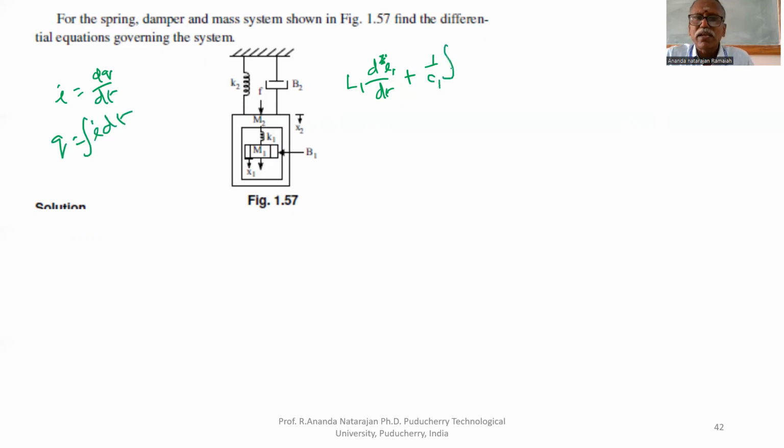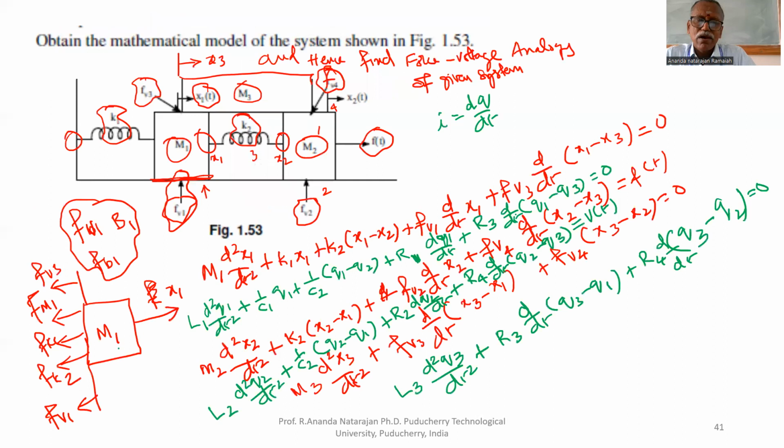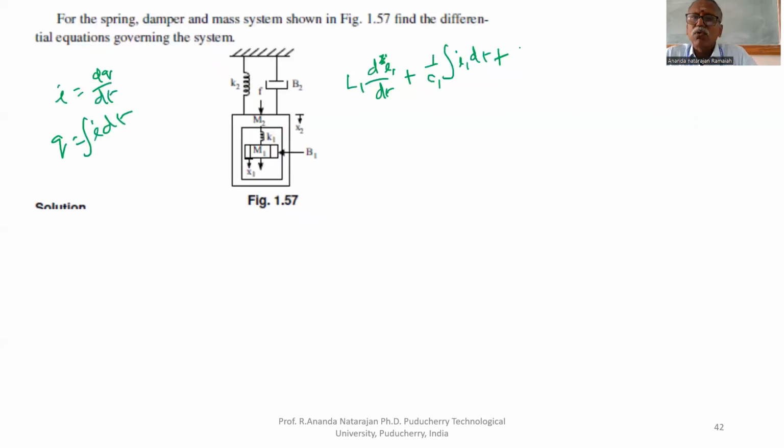Therefore, 1 by C1 integral of i1 dt plus 1 upon C2 (q1 minus q2), therefore 1 upon C2 integral of (i1 minus i2) dt.